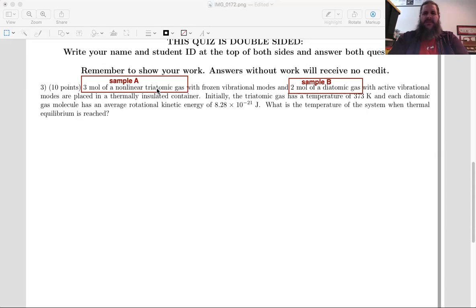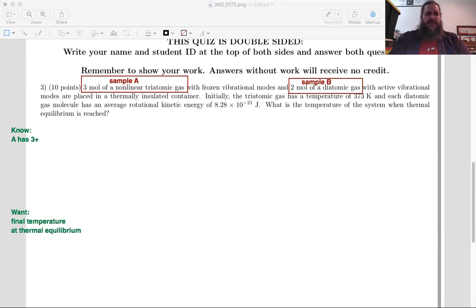Yeah, anything that's able to move in 3 dimensions has 3 translational modes. Does it have any other modes? What other modes might be involved other than just the ability to move around in space?